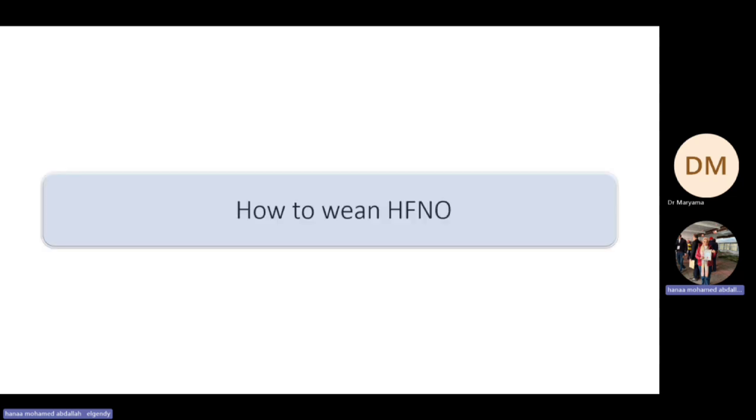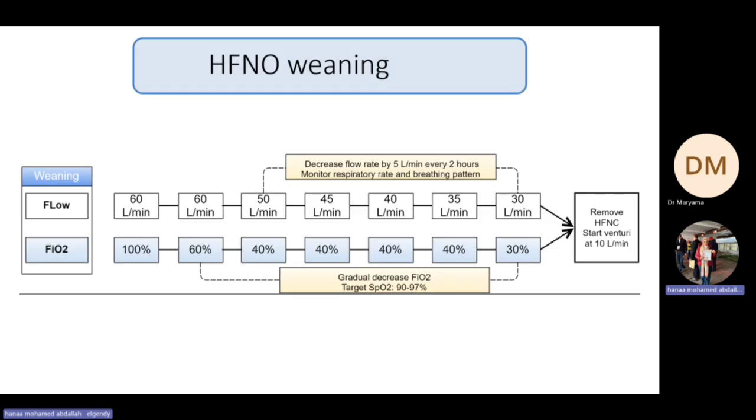How to wean our patient from high flow nasal cannula? As in any weaning procedure, we have to decrease. What's more injurious is the oxygen, not the PEEP or the flow.